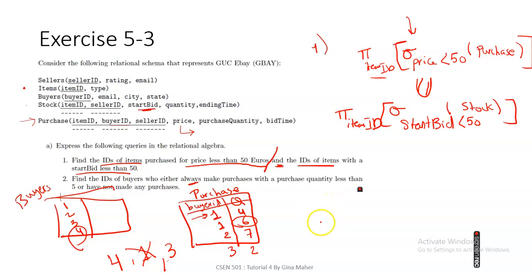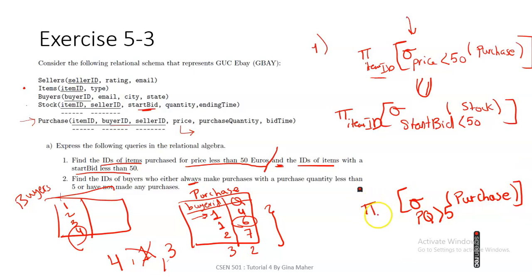Okay? If we, from here, okay, how can we get the buyer IDs who made purchase quantity greater than 5? We can simply select purchase quantity greater than 5 from purchase and product on the buyer ID.